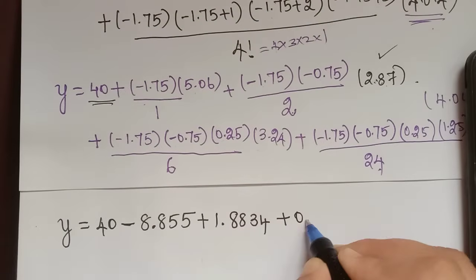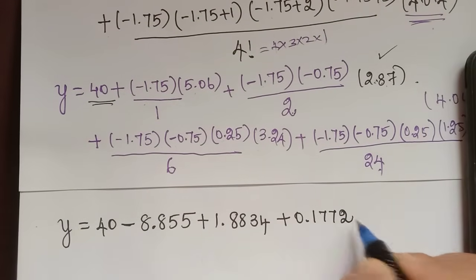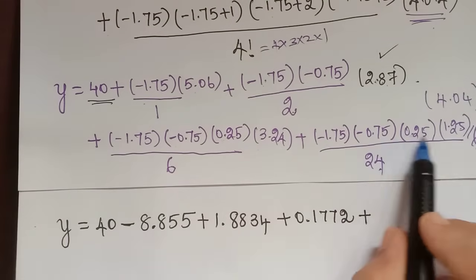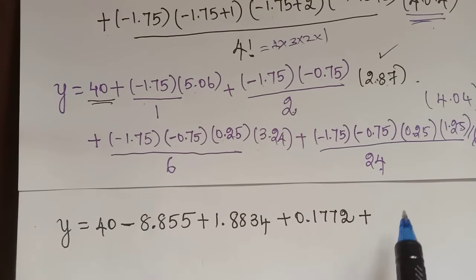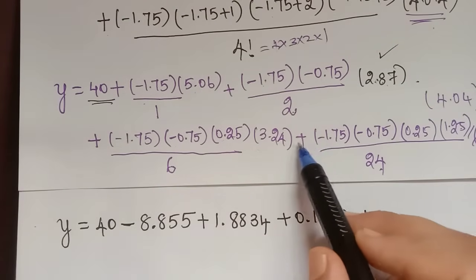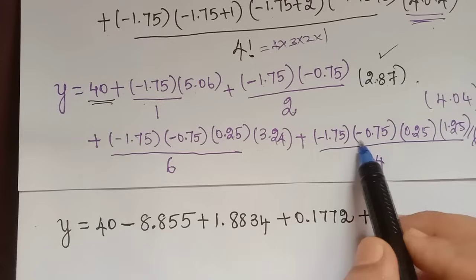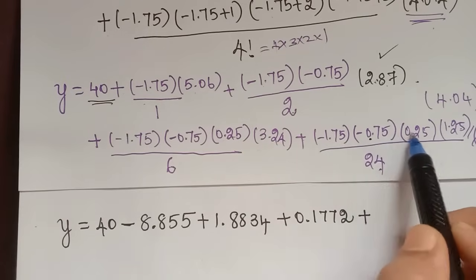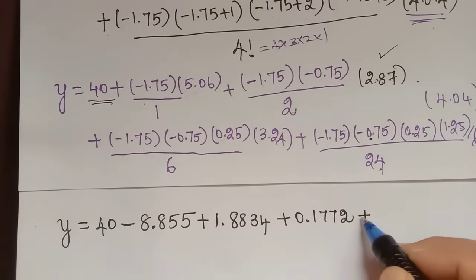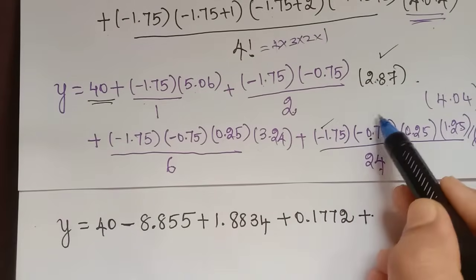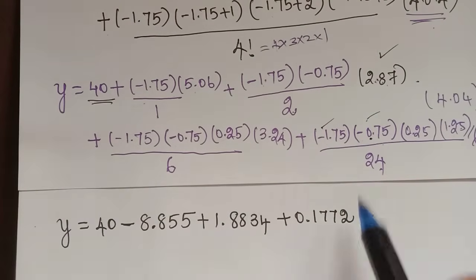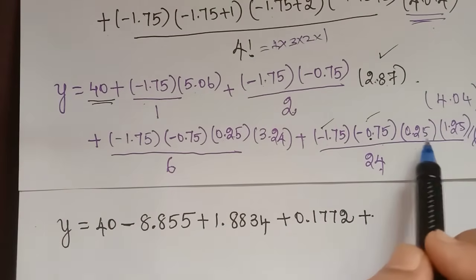So let's take and write that. 0.1772. Very carefully you have to do this, students, and then plus. Now the remaining is this. So this we have to calculate and we have to write in the same way. And here if you see, the signs are here positive, minus, minus. So minus into minus, plus. The remaining all the terms are positive. So this whole term will obviously become positive. So I am writing plus here because this minus and this minus has become multiplied and got plus. Now we have completed about the sign. Now next numbers we will multiply and we will write.